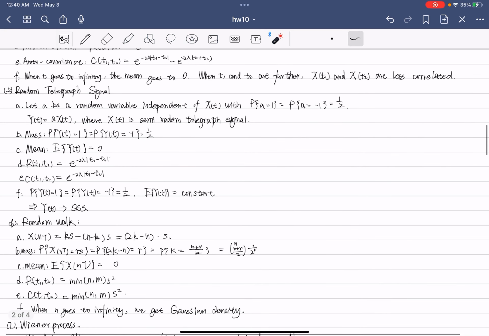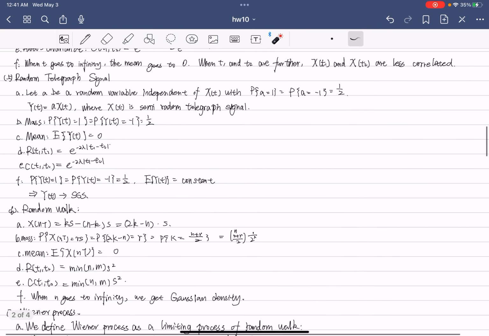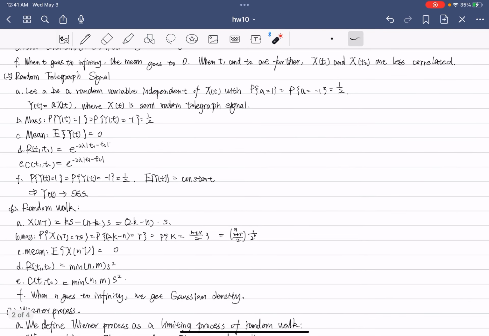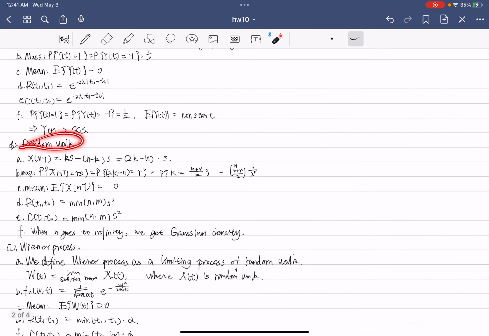We can find that the probability that Y(t) equals 1 equals the probability that Y(t) equals -1, equals 1/2, and the mean is a constant, so we can get that Y(t) is strict stationary.